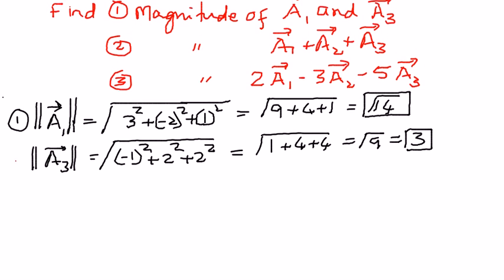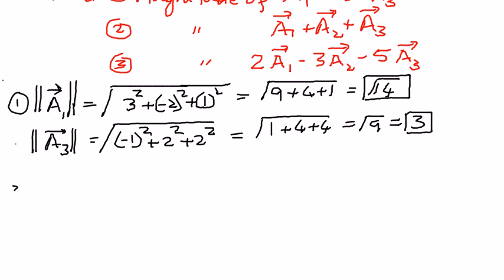The second question we have is we want to find the magnitude of A1 plus A2 plus A3. First, let us find A1 plus A2 plus A3. Then we'll find the magnitude of that. So the values we have here are as follows, isn't it?